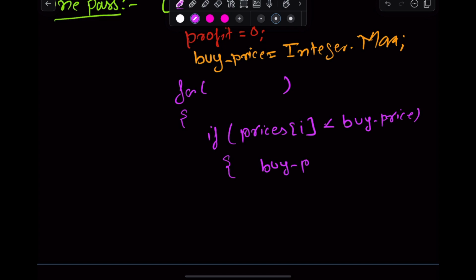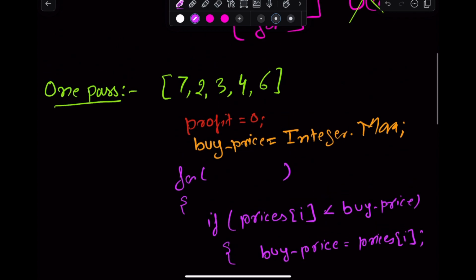So if this condition holds true, then buy price is equal to prices at ith index. What it means is, let's say you already set the buy price to integer dot max value, and this is your first iteration.